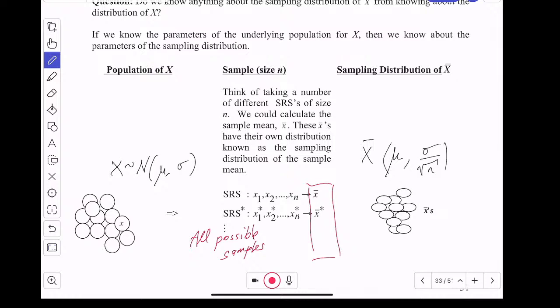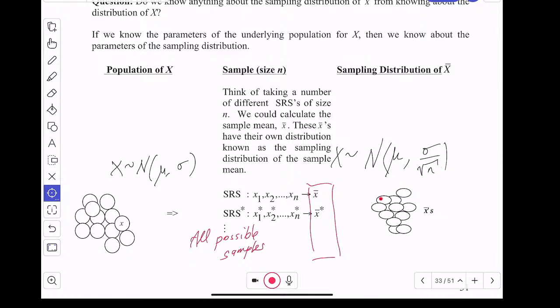So those will be the mean and standard deviation, and it turns out that the shape should also have that normal, predictable appearance. If you start with a normal, you get a normal in the distribution of all the sample means. And you get the same mean, but it's going to be a tighter distribution.